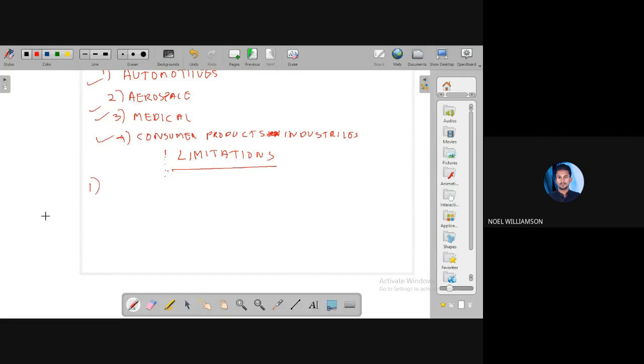First one, this rapid prototyping technology is just in a developing stage. Not at all fully developed.